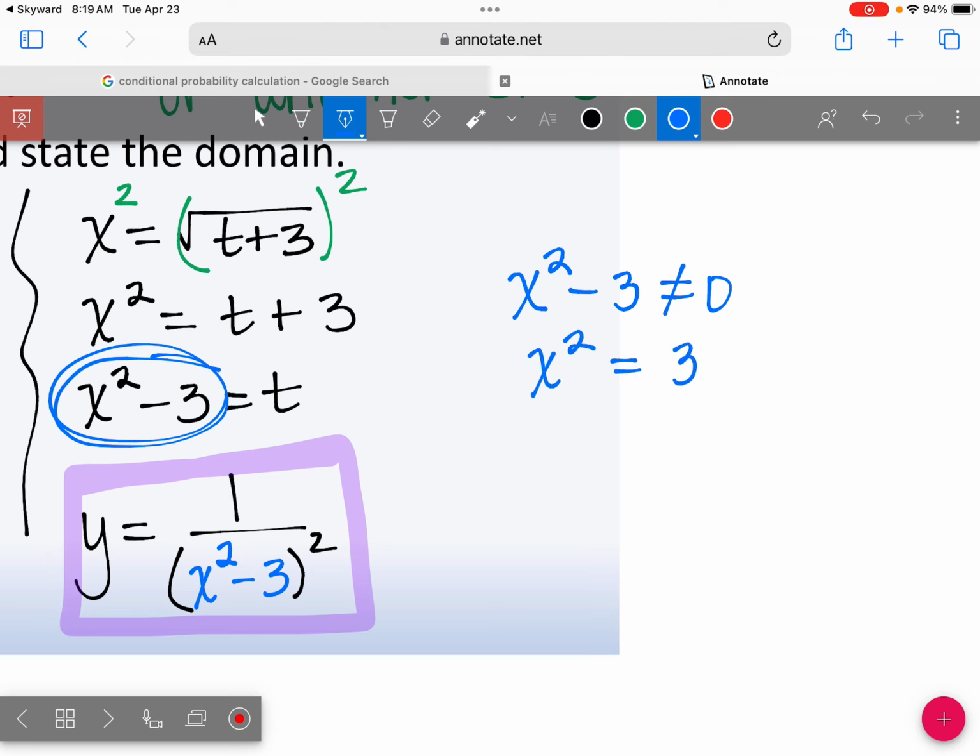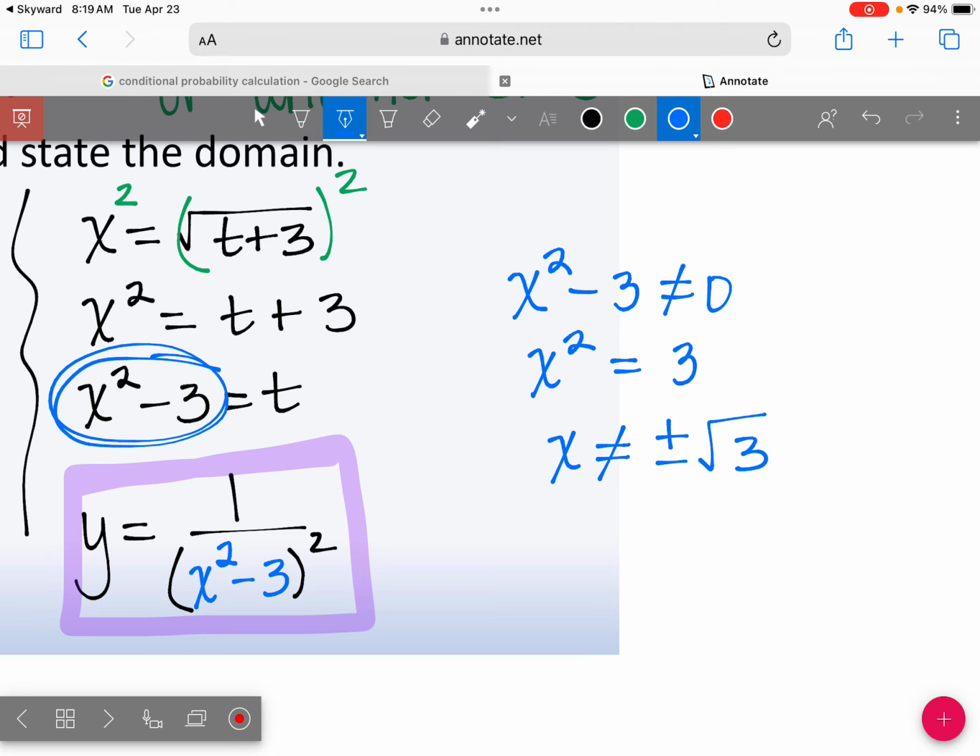And then I'm going to take the square root. So x also cannot equal plus or minus the square root of 3. So that's 2 more restrictions that I need to add to my number line, which originally had 2 restrictions. Now I have 2 more.